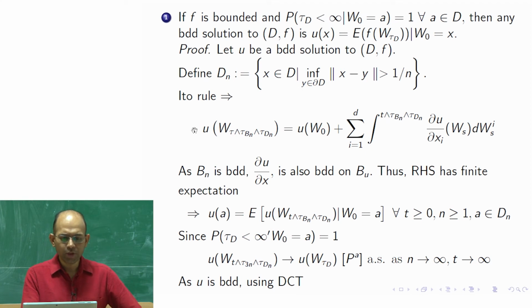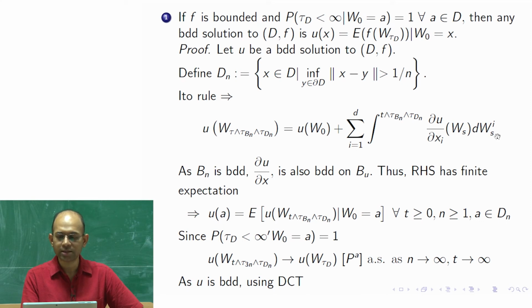Now we use Ito's rule. Ito's rule would imply that u(W(t ∧ τ_Bn ∧ τ_Dn)) is equal to u(W_0) plus the integral of ∂u/∂x_i dW_i. It is the multidimensional Ito's formula, so along all components we need to integrate, i equal to 1 to d.